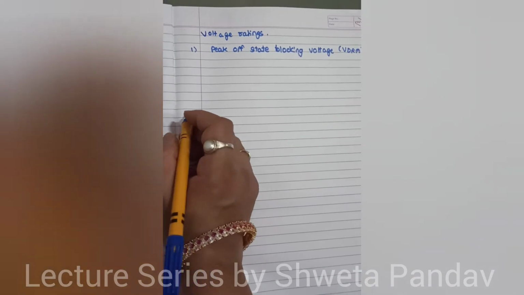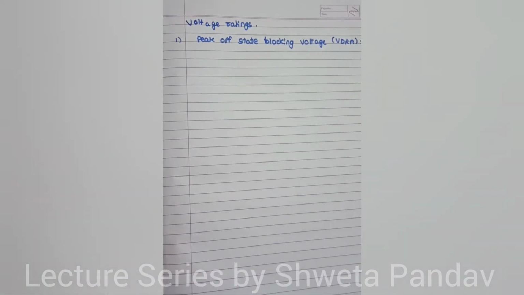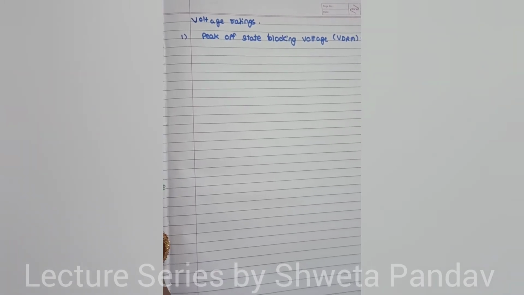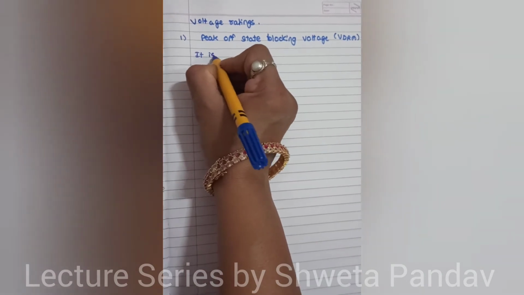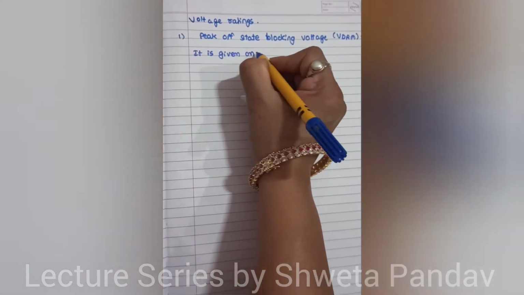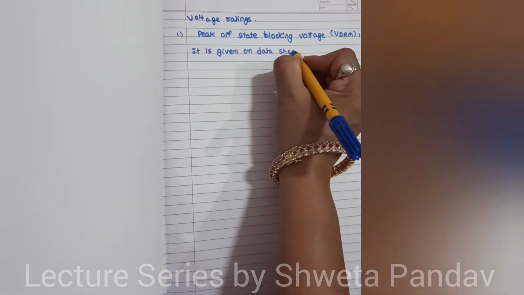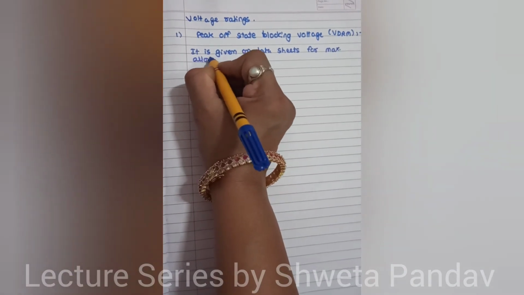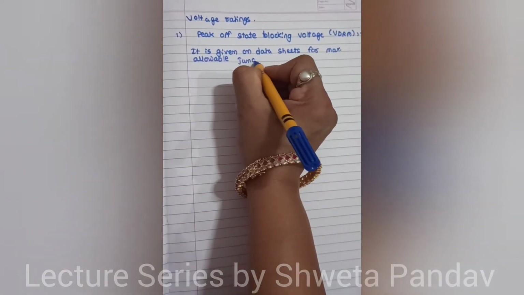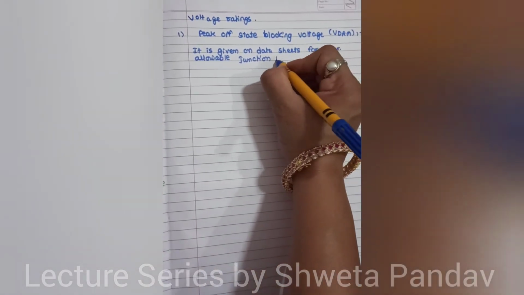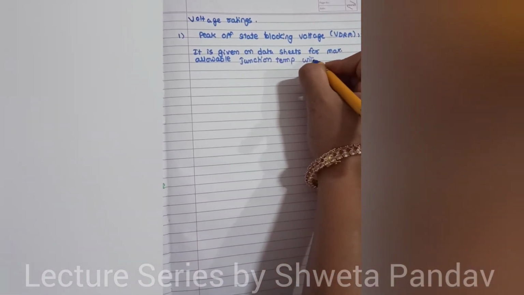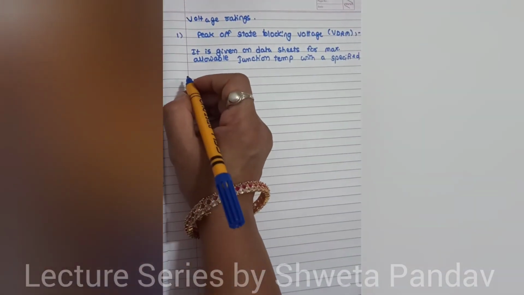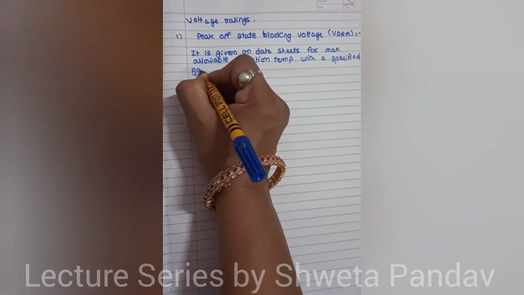It is given on the data sheet for the maximum allowable junction temperature with a specified gate bias condition.